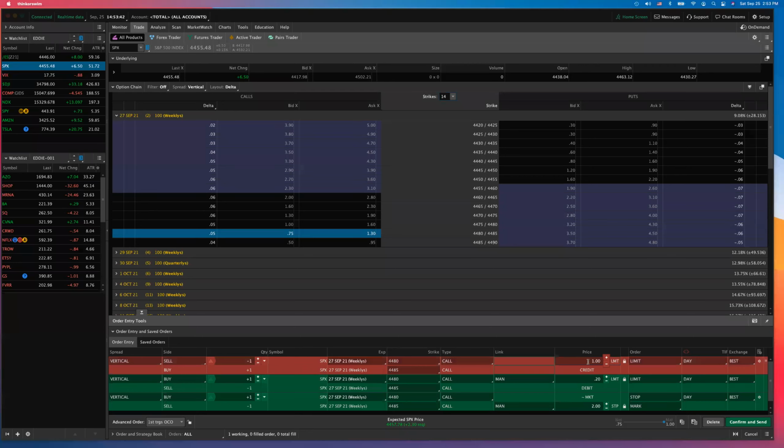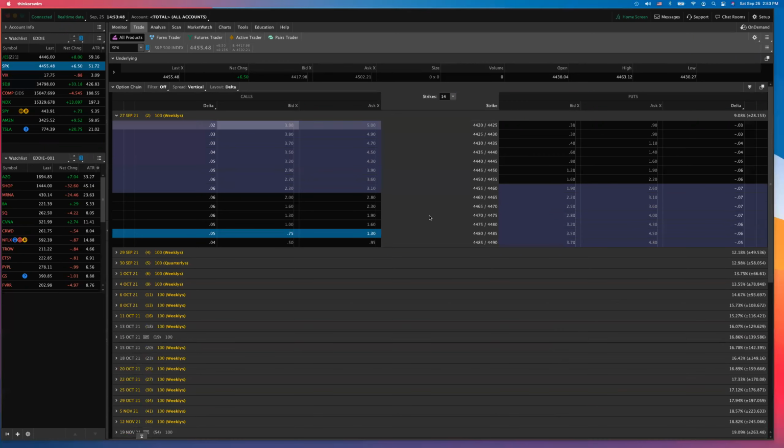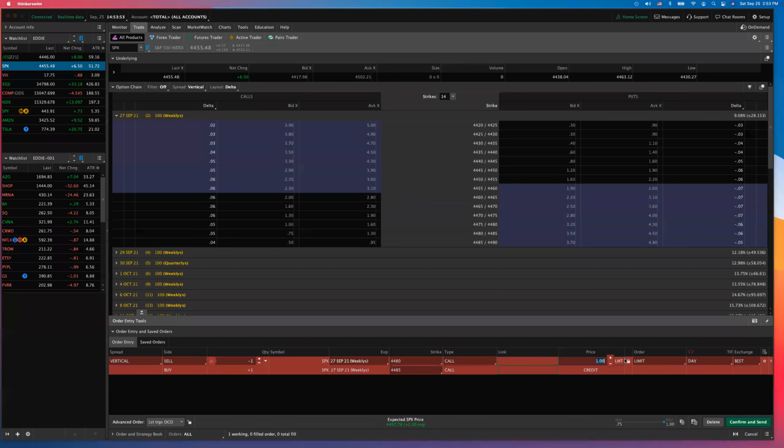If my premium received was 65 cents, let me see whether my thinking is correct here. I'm going to sell this for 65 cents, and I'm going to test my thinking. Then my break-even point should be 44.80.65.